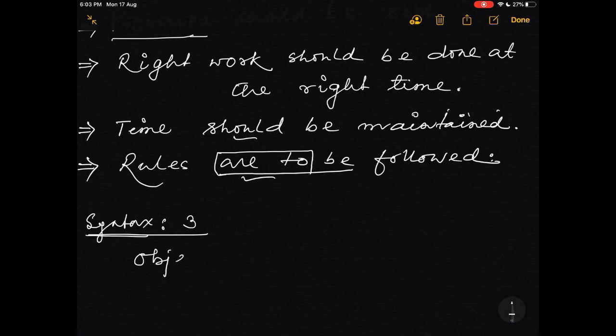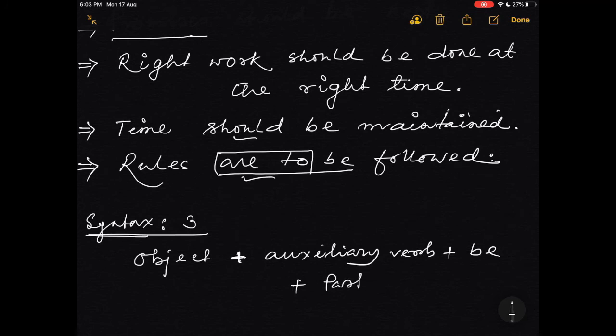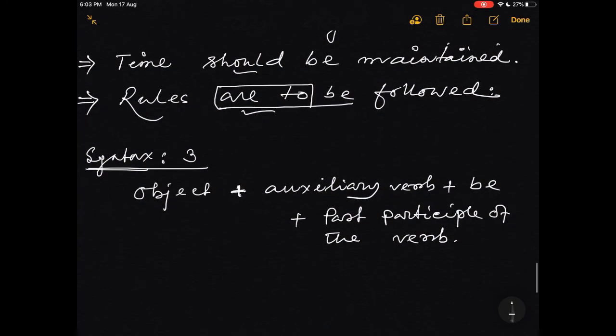Object plus auxiliary verb plus be plus past participle of the verb.